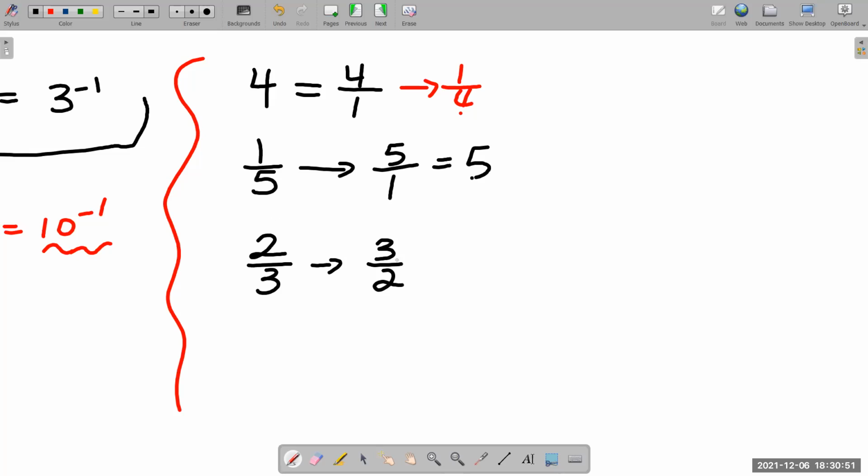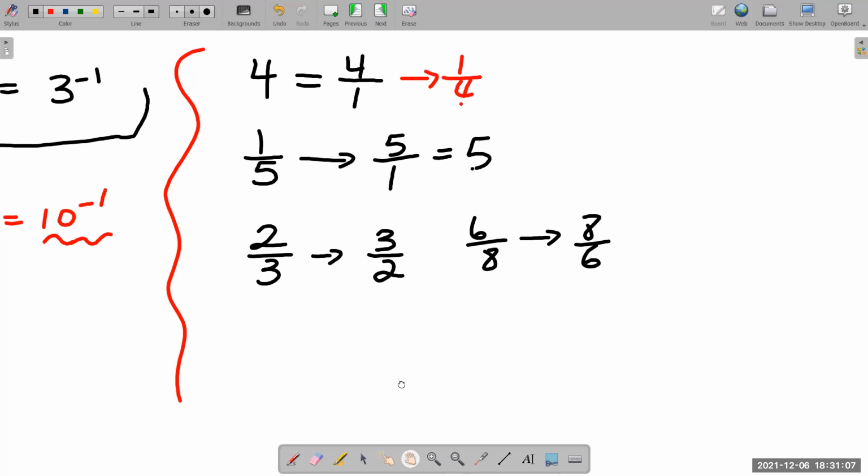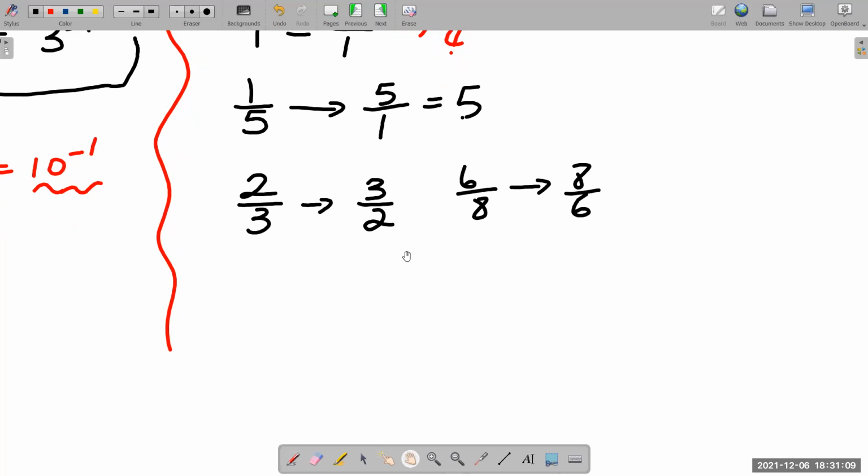Everybody see that? So let's try one more. 6/8. What is the inverse or the reciprocal of 6/8? 8/6. Excellent.